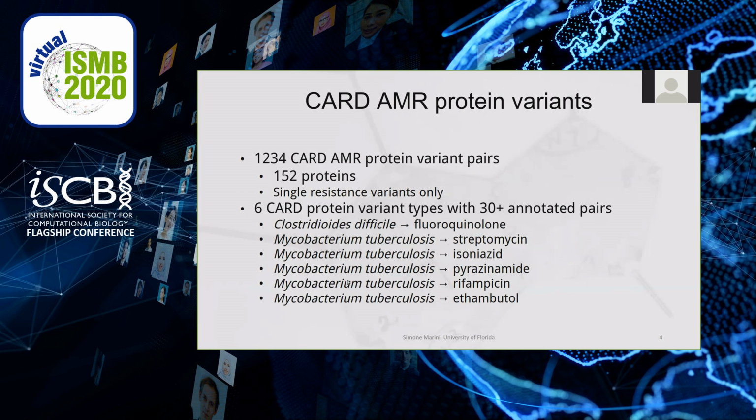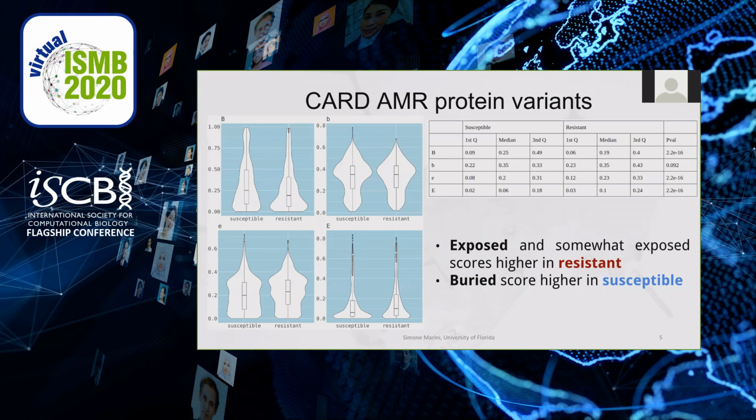So here we extracted from the CARD database, which is our AMR database, 1,234 pairs of protein variants from 152 proteins. And we measured the score for each variant in each of the classes. Of course, we have pairs of variants, the susceptible variant and the resistant variant.